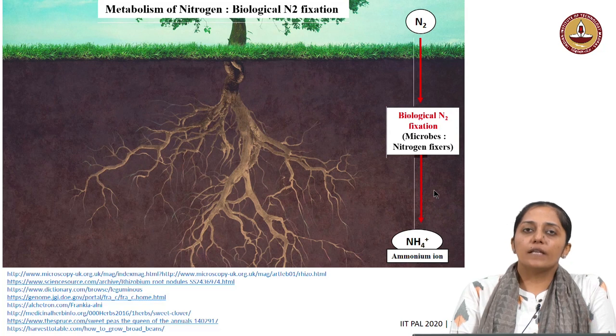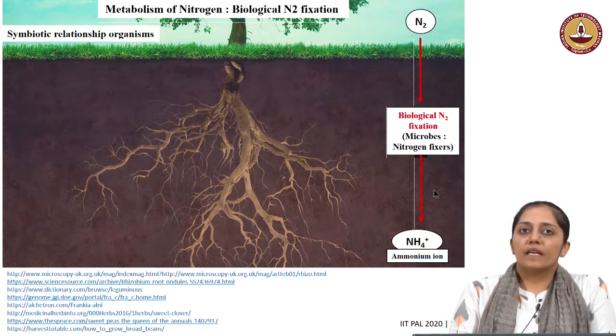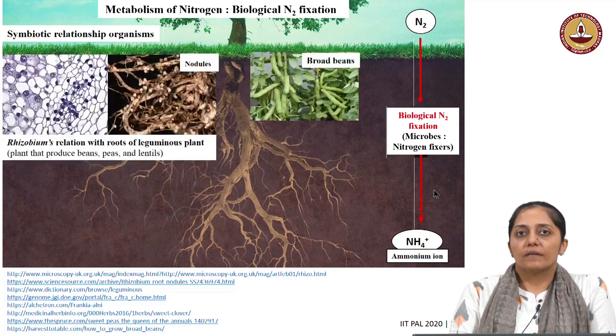So, in the biological nitrogen fixation, it is the symbiotic relationship of these organisms with the plant which is exploited, which works in fixing the atmospheric nitrogen to ammonium ions for the plants.